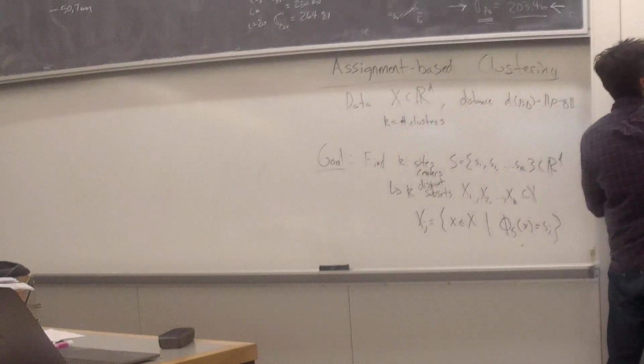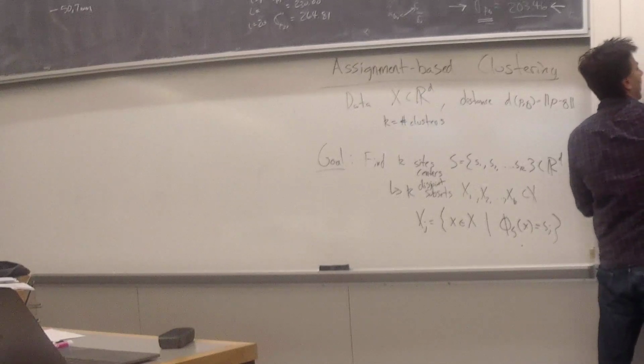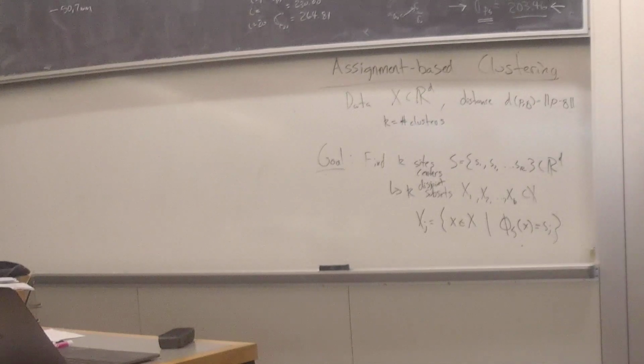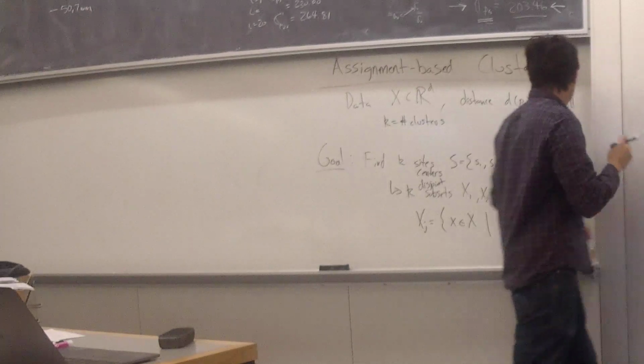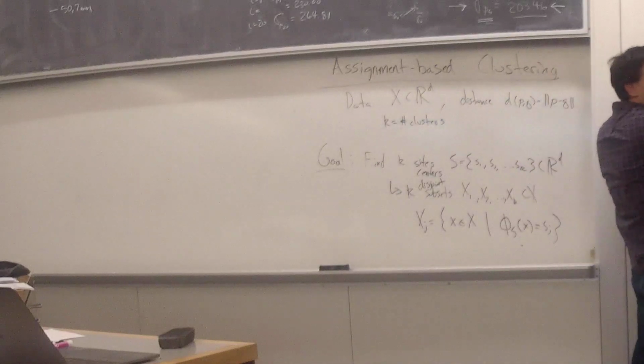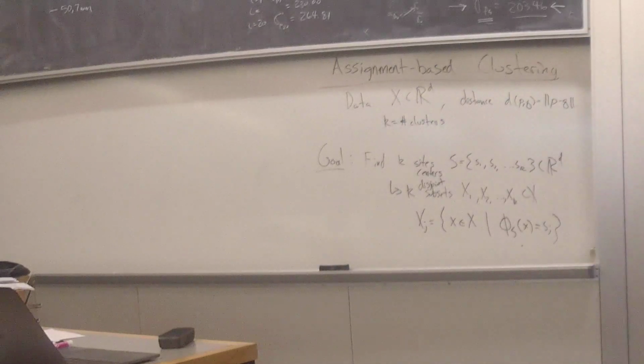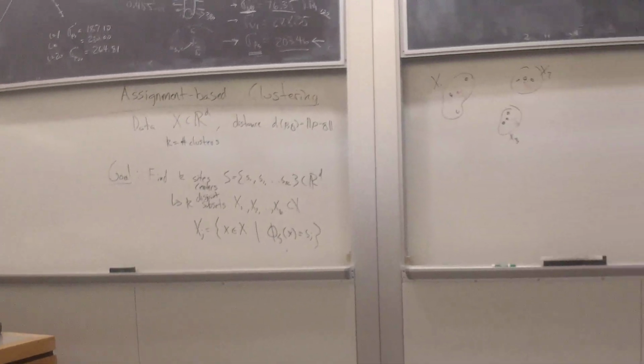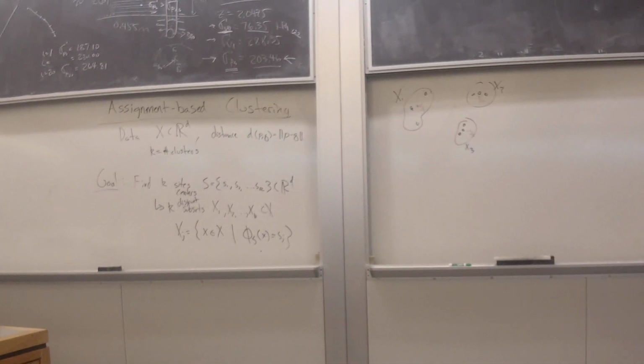These points are in X1, these are in X2, and these are in X3. This phi function maps the plane onto exactly one of these sites, so it's a decomposition of this set of points. So this is assignment-based clustering, but now I want to say which sites are the best sites to fit.